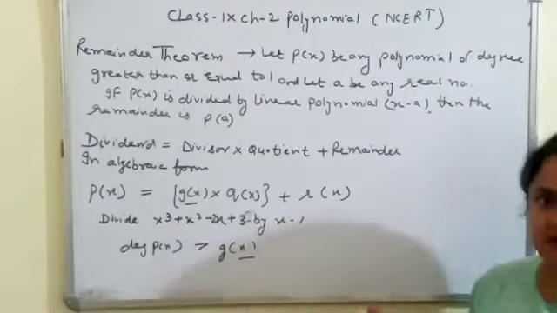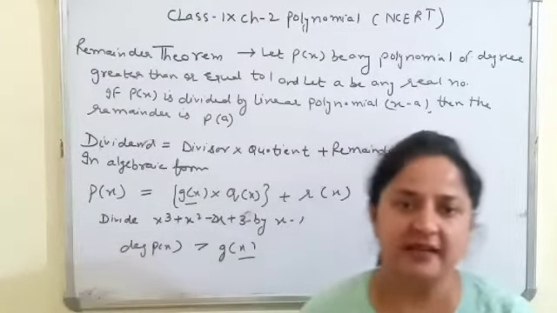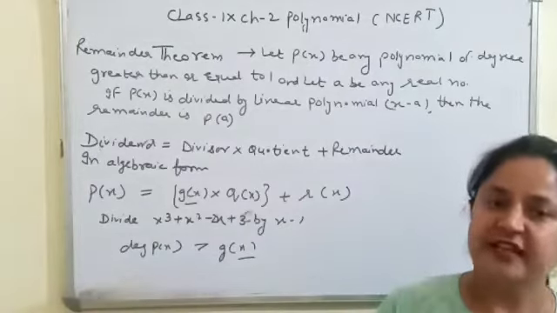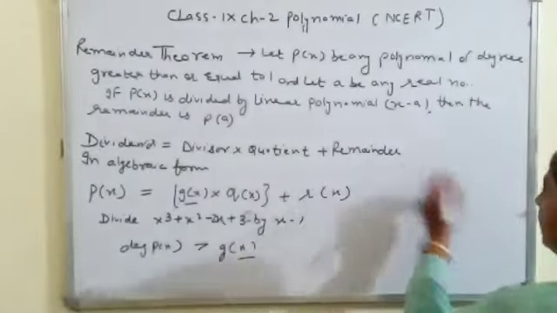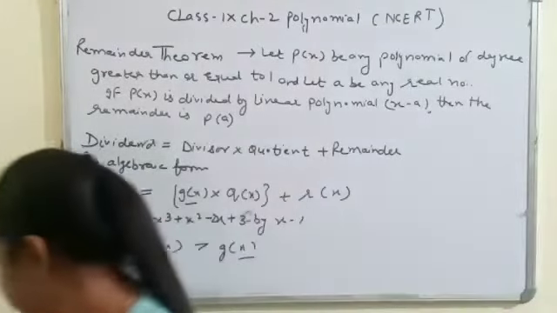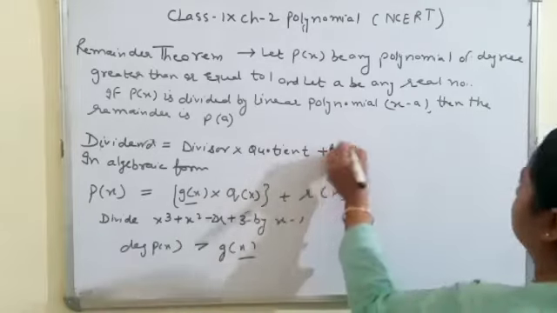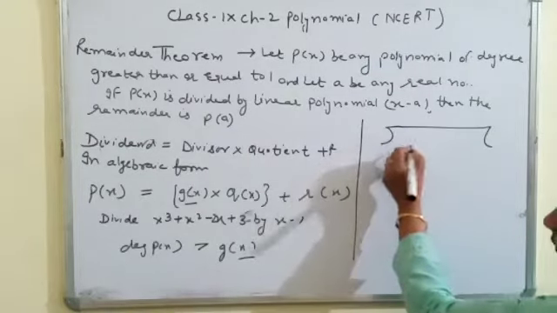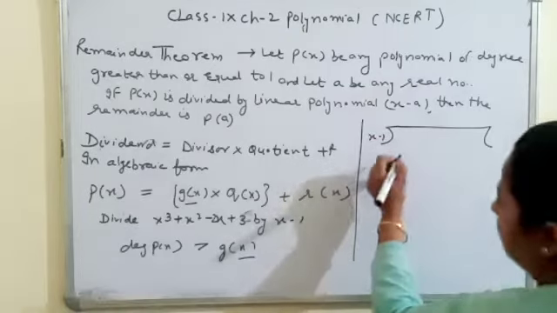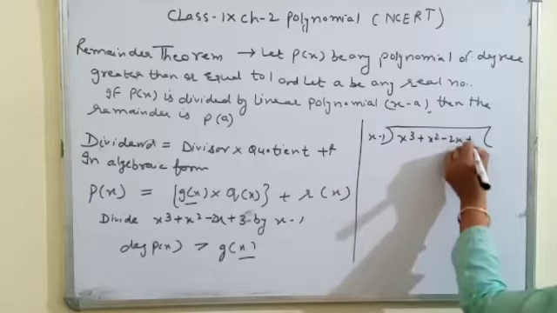So for the division, the main condition is that the degree of the polynomial dividend should be greater than the divisor. So let's divide it. Now x minus 1 is the divisor and the dividend is x cube plus x square minus 2x plus 3.